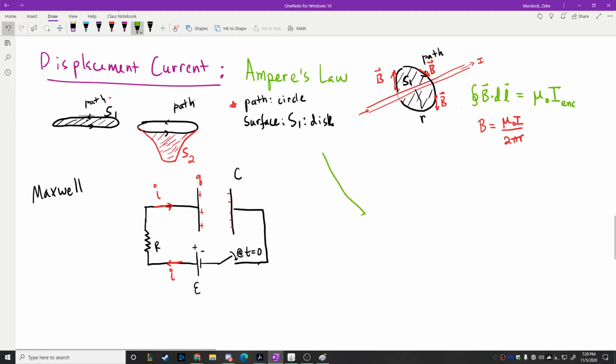So this is what Maxwell did. So let's draw a path like that.